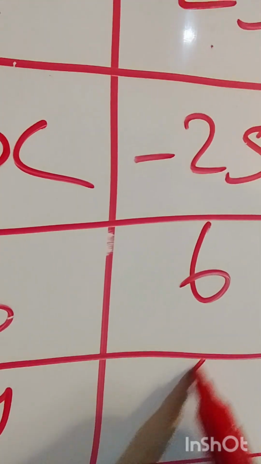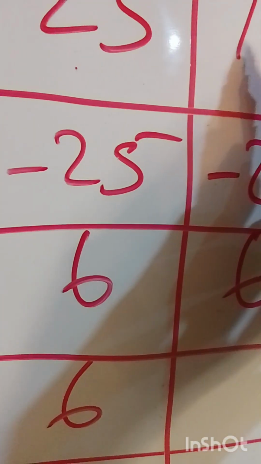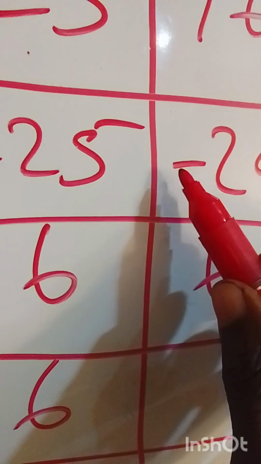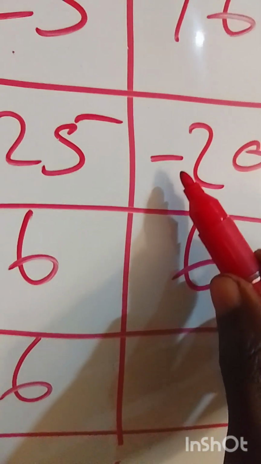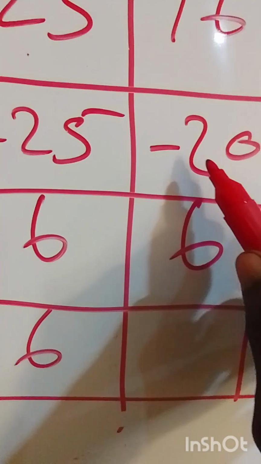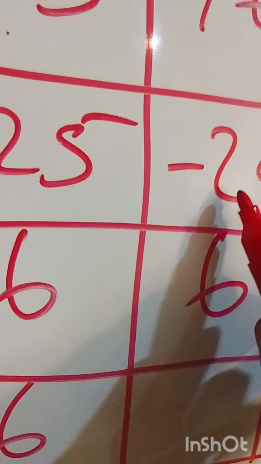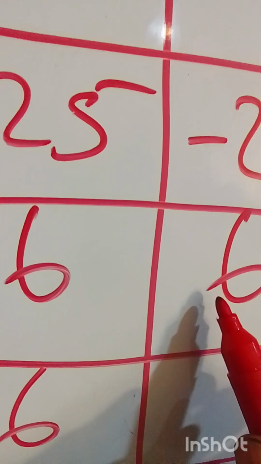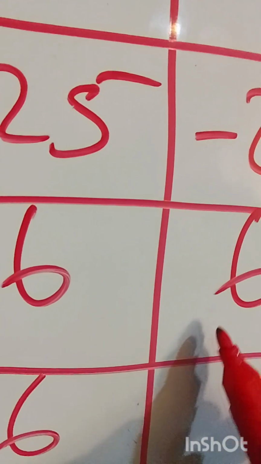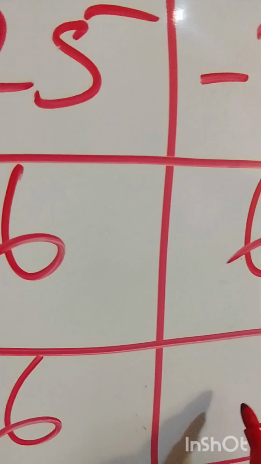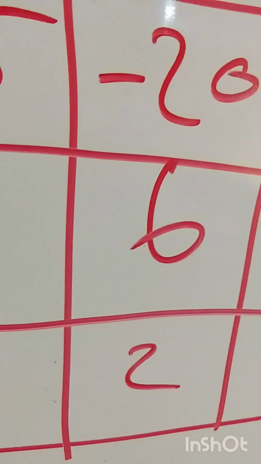Plus 6 is 6. Then 16 plus minus 25 is minus 9. Minus 9 plus 6 is minus 3.